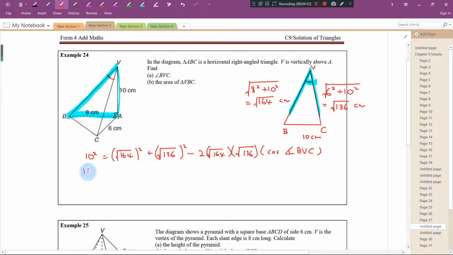Okay, so this is 100. You have a square root over here, you square it, you cancel out the square root. So here do the same thing. 164 plus 136, you will get 300, correct.